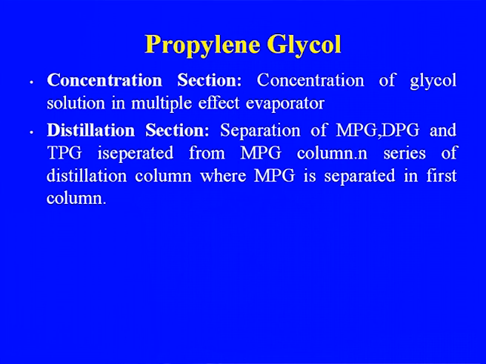It is a series of distillation columns where MPG is separated in the first column because it is lighter. And as I told you, the amount of DPG and TPG can be adjusted during the hydrolysis process, by taking your propylene oxide to water ratio. So that was about the glycols.